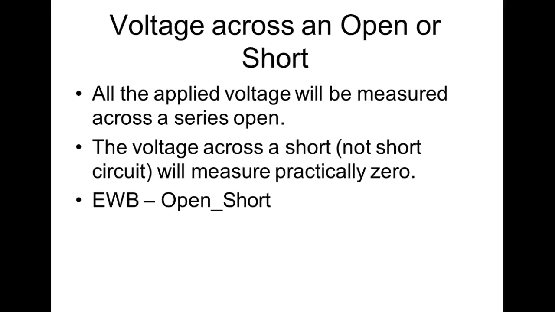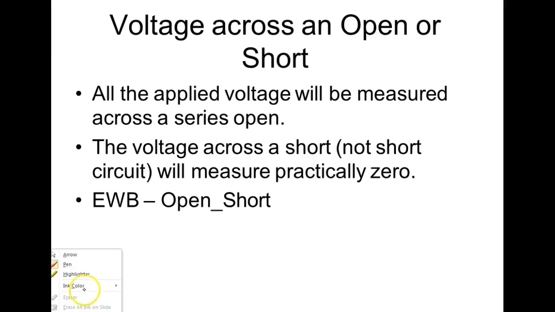Okay. Voltage across an open. Normally to find opens and shorts, we use what we refer to as a voltmeter. We have 3 meters that we use in electronics. What are the 3 most often used meters?